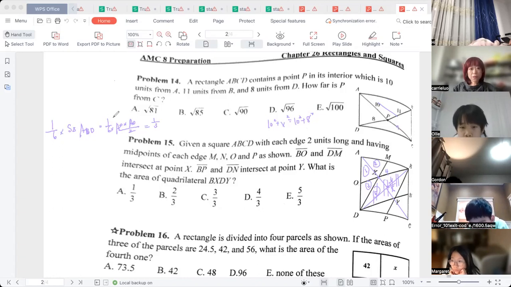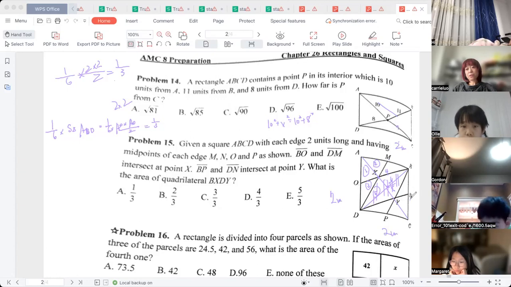Because this one is 2, this is 2, so it's 1/6 times 2 times 2 divided by 2, that's why it equals 1/3. AB equals 2 units, AD equals 2 units, CD equals 2 units as well. I have seen Ollie's nodding hands, so that's right. So each of the little ones are 1/3.